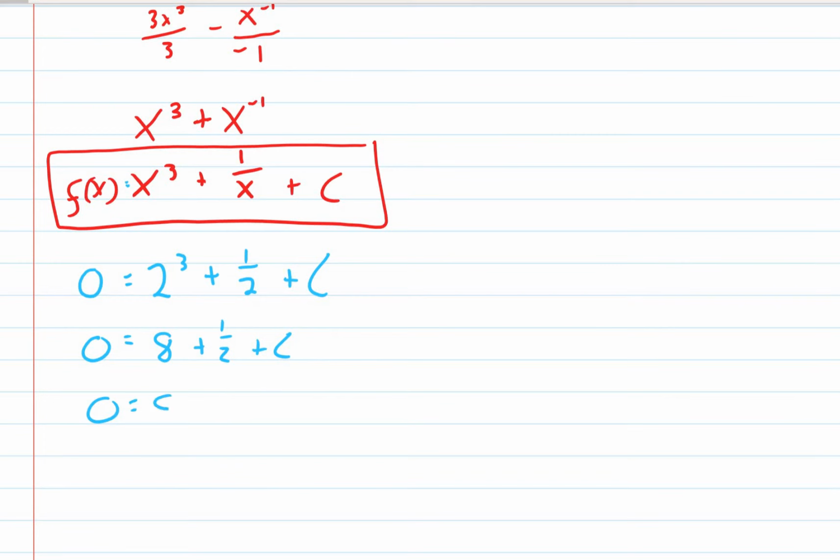So 0 equals 8 and a half plus c, so minus 8 and a half equals c. So that's what I have for c. So the whole function then would be f(x) equals x cubed plus 1 over x minus 8 and a half. There we go.